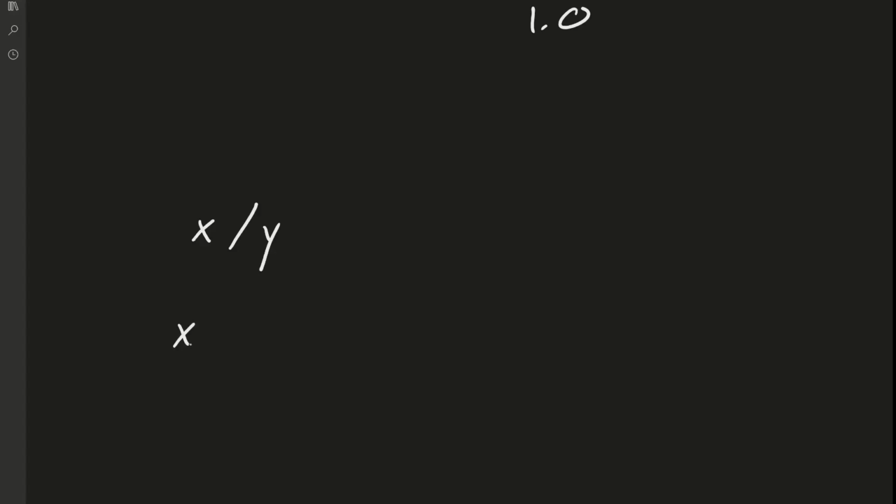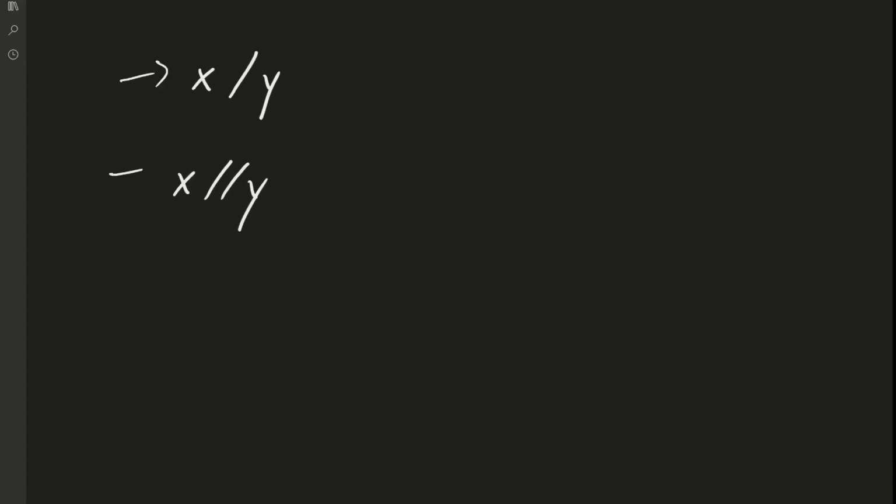We have a floored quotient. This is integer division, so the result of this division is going to be an integer. And then we have the modulus, or the remainder.